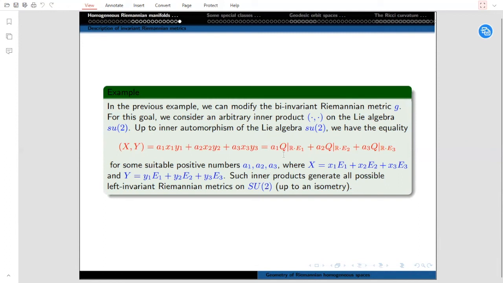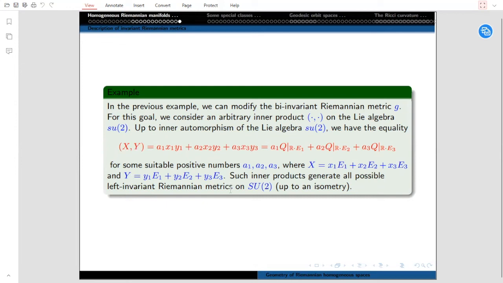This means that we multiply our bi-invariant inner product by coefficients a1, a2, a3 in the directions e1, e2, and e3, for some suitable positive numbers a1, a2, a3, where x and y are arbitrary vectors.